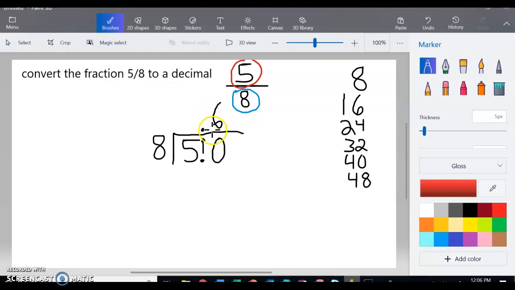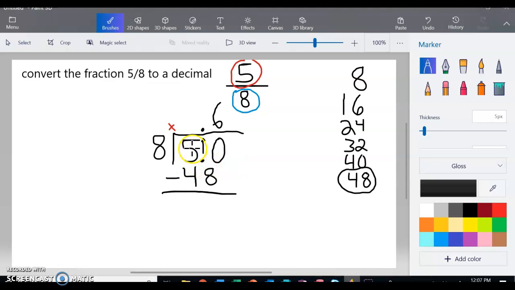Remember, the second step in a division problem is to multiply the number on top of the house by the number outside of the house. So we have 6 times 8, and that is going to give us 48 from our multiples over here. We counted 8 6 times. So your next step is to subtract.